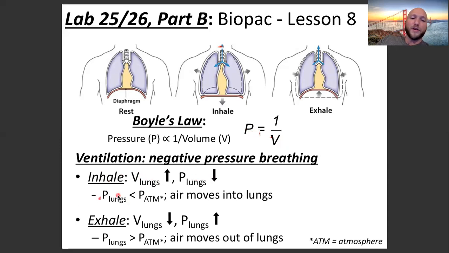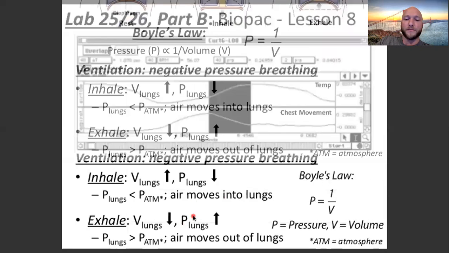The pressure in our lungs is lower than the pressure in the atmospheric air, so air moves into our lungs. When we exhale, we decrease the volume in our lungs, which increases our pressure to a point above the atmospheric pressure. So air moves from our lungs to the outside, to the atmosphere.